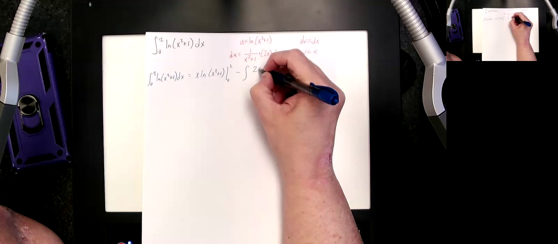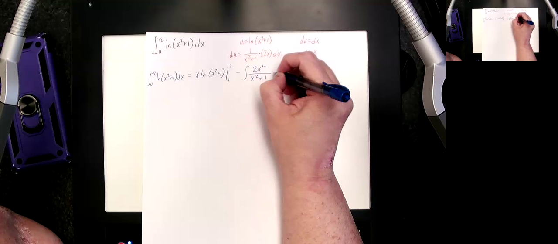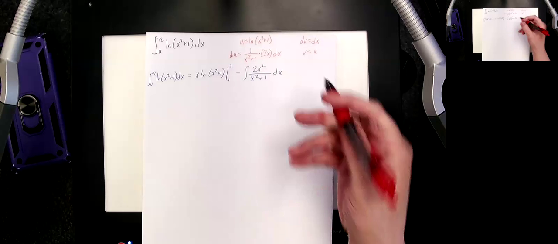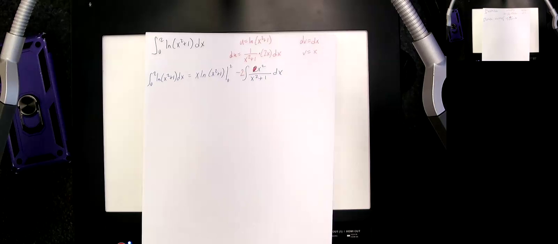I've got 2x squared over x squared plus 1 dx. I'm gonna move that 2 to the outside real quick. It's a constant, we can pull that out of an integral.